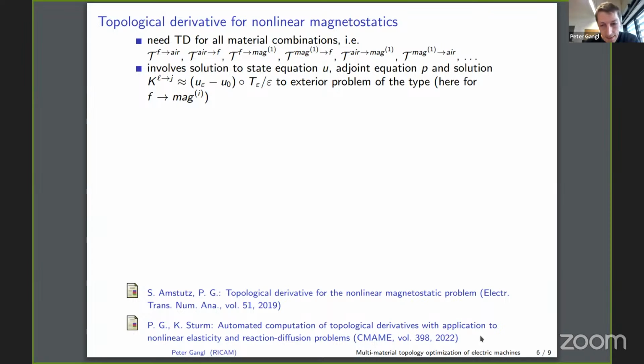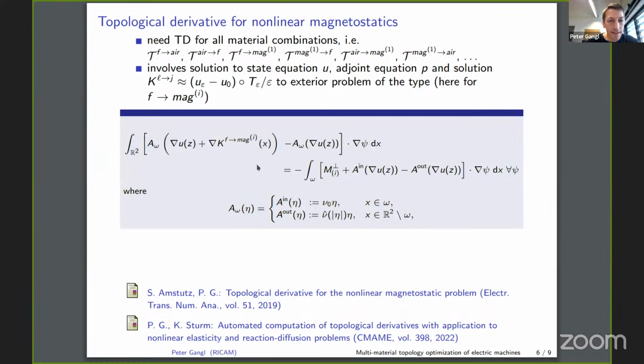Here in this second paper I advertised, we showed a systematic way of computing topological derivatives for linear and nonlinear problems, and that this formula for the topological derivative always involves a first order corrector term. I also saw this in Augusto's talk before. It was called W before.